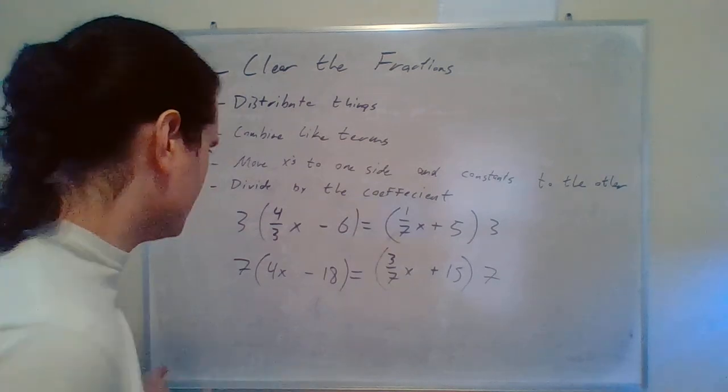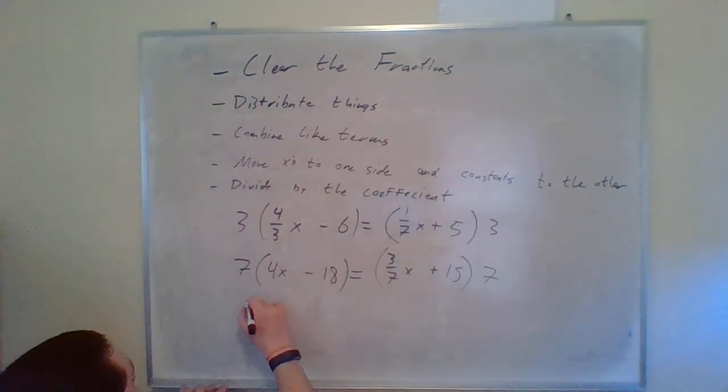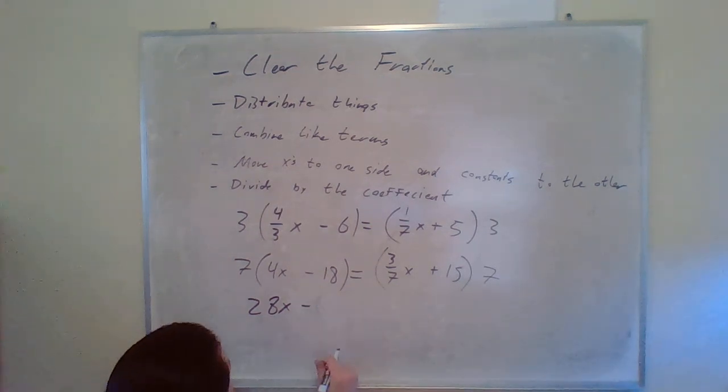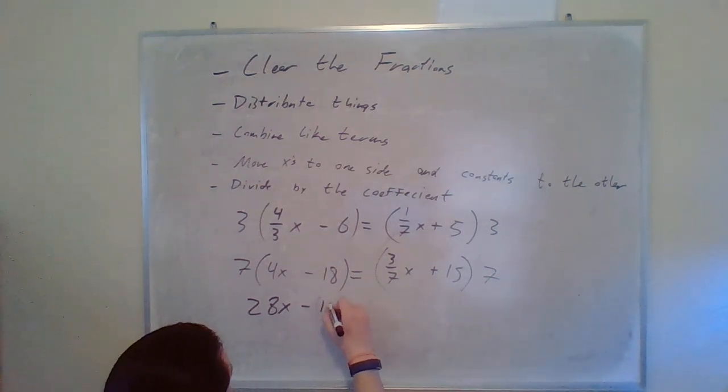No one likes fractions. So this will turn into 28x minus 7 times 18 would be 70 plus 56, so 126. Is that correct?